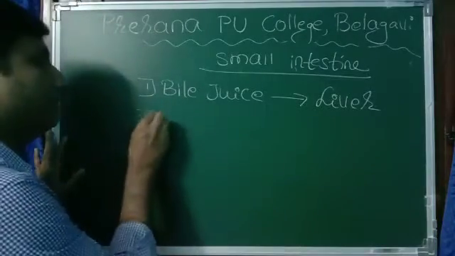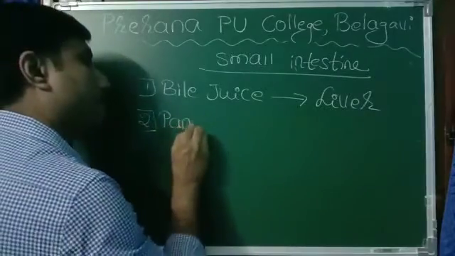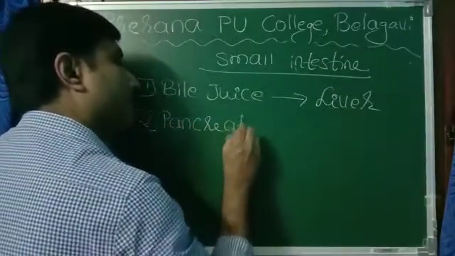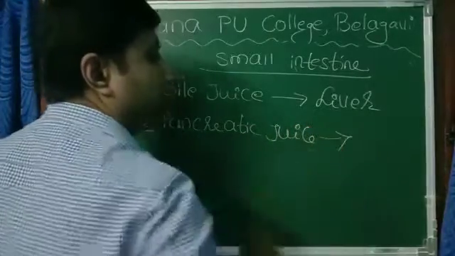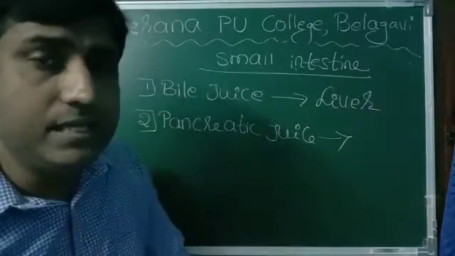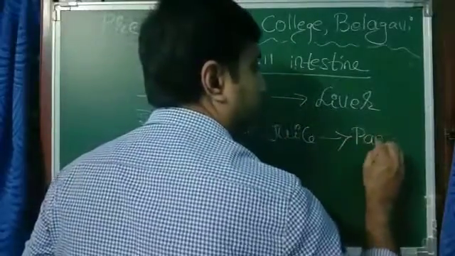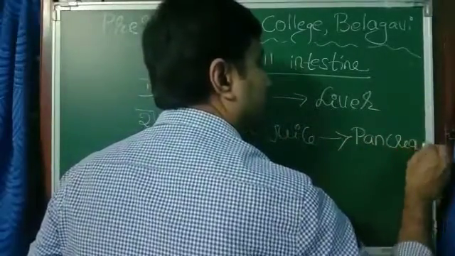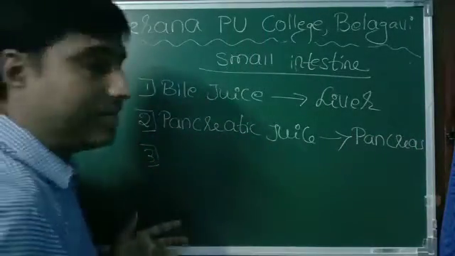Second one, pancreatic juice. Pancreatic juice is released from the pancreas. Third one, intestinal juice.